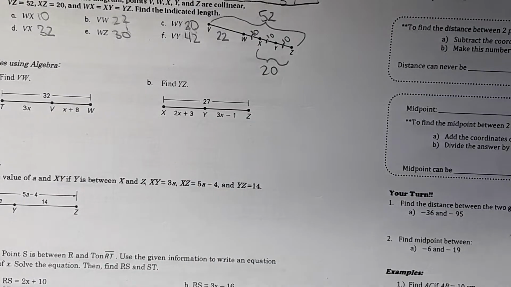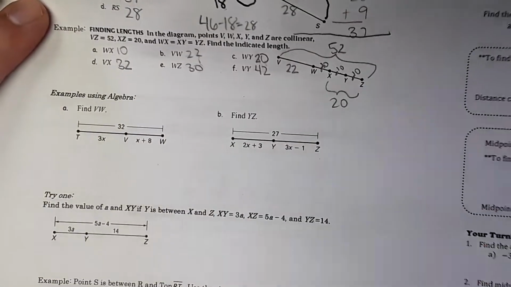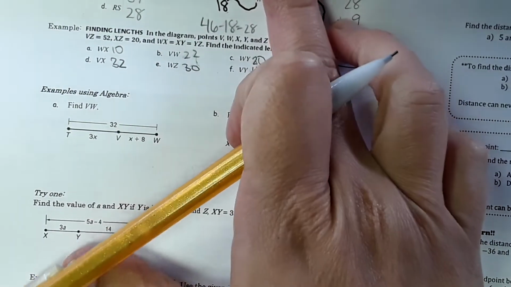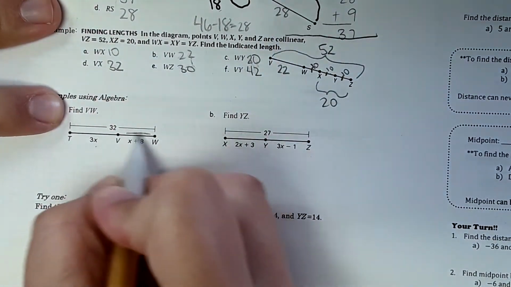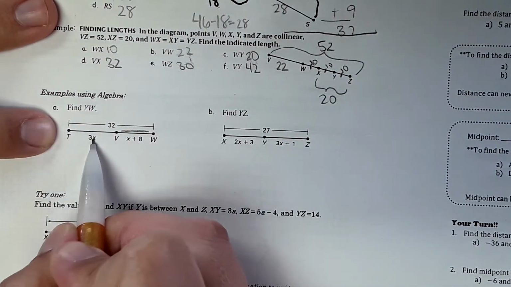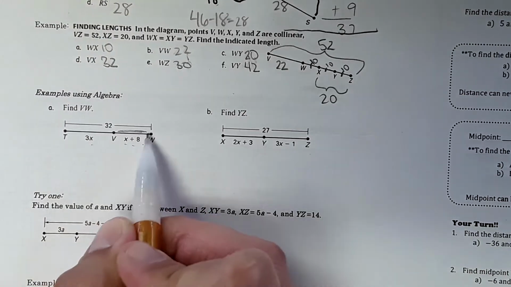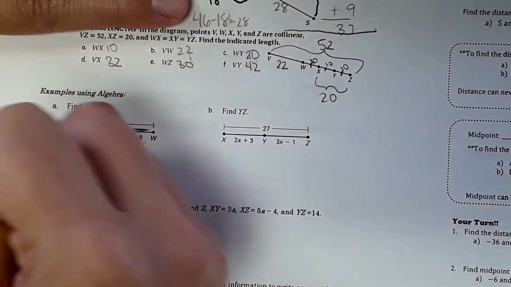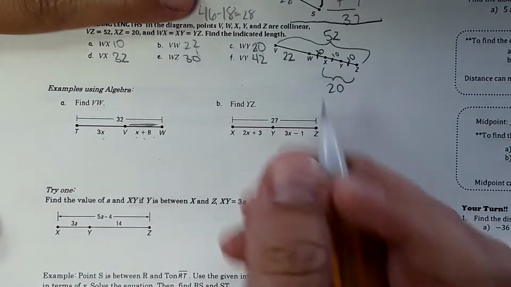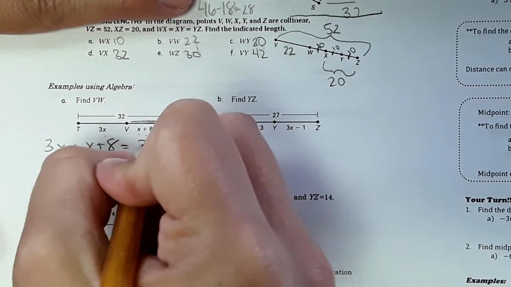Okay, now we're going to do the same kind of idea, but we're working in some algebra. So let's bring that back in our heads. Here it says to find the length of VW right here. We can see that this is labeled 3x, this is labeled x plus 8, and the entire thing is 32. Before we find this length, we have to solve for x, and we do that using the segment addition postulate. So we'll do 3x plus x plus 8 equals 32.